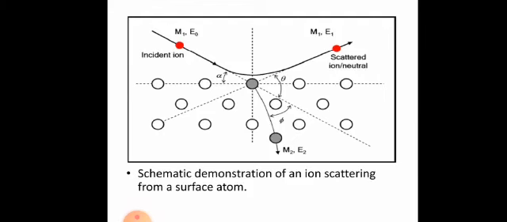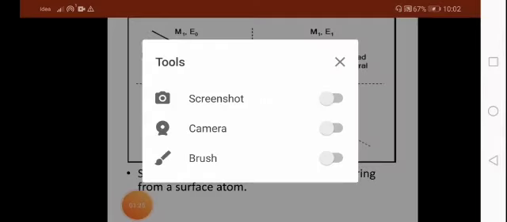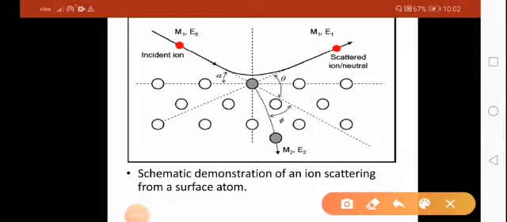You can see here an incident ion which has mass m1 is getting scattered by an atom which lies on the surface of a target. The target is shown in this ash color.